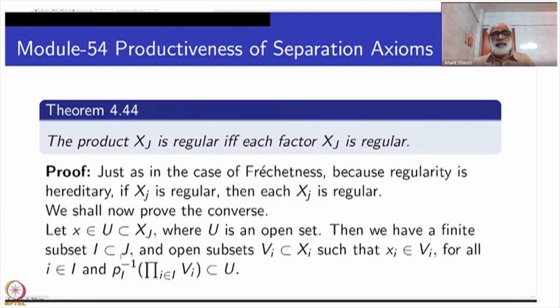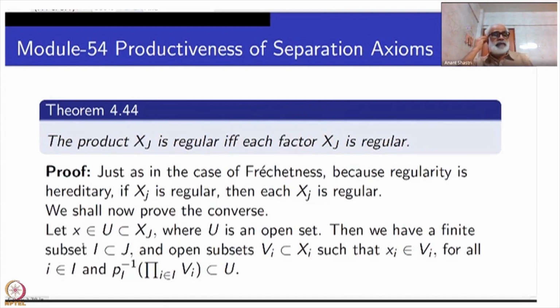We have a finite subset I of J and open subsets V_i contained inside X_i, such that the i-th coordinate of x is inside V_i for all i inside I. This I is a finite set, and we look at the pi inverse of all these, i ranging from 1 to n, a finite product. That obviously contains x, and that will be contained inside U. This is a basic open set. All basic open sets look like this.